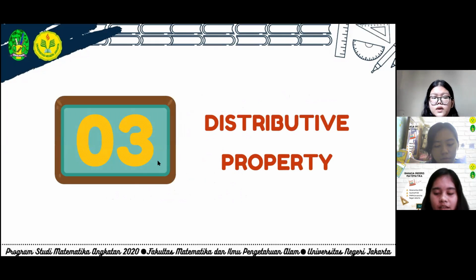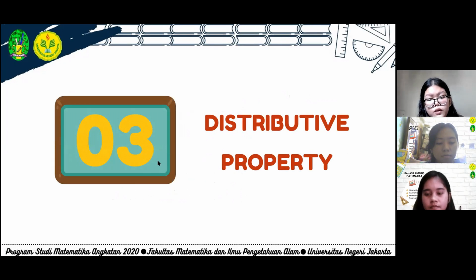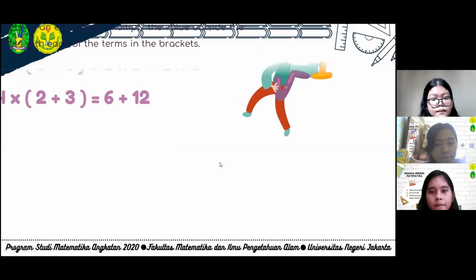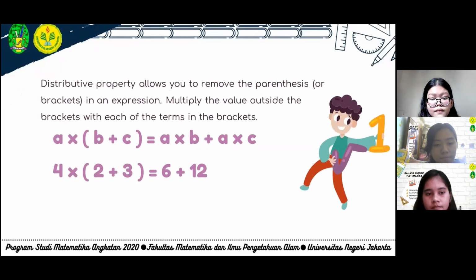Okay, the third one is the distributive property. This property allows you to remove the parentheses or brackets in an expression. This property multiplies the value outside the brackets by each of the terms in the brackets.